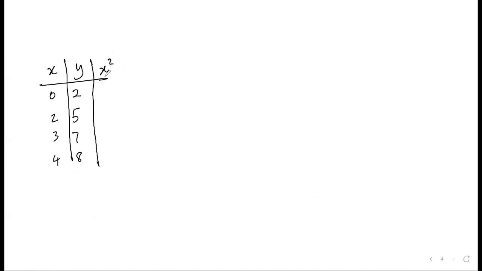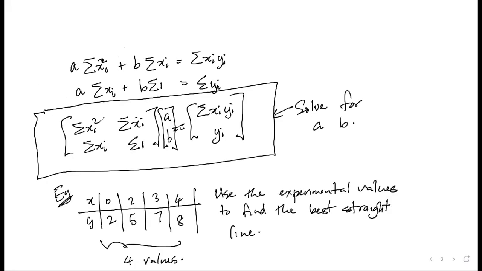We need x squared. We need xy. We need the sum of x squared, the sum of xy, the sum of y, the sum of x. The sum of 1 is 4 times, we're going to add 1. So this part here we know is going to be equal to 4 in our matrix.